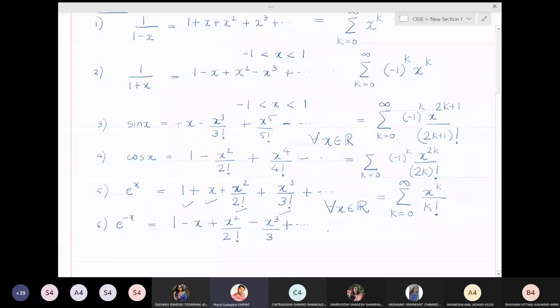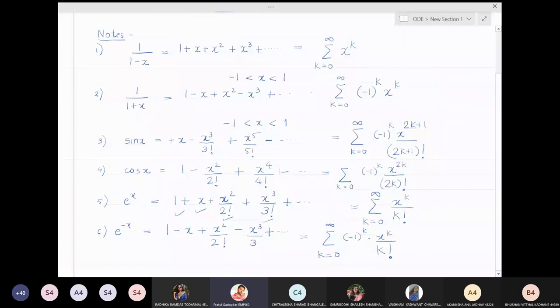Here in the last expression, I have all alternating plus and minus signs. So I will get k going from 0 to infinity, minus 1 raised to k into x raised to k upon k factorial. Okay, so these expressions are compact forms now.